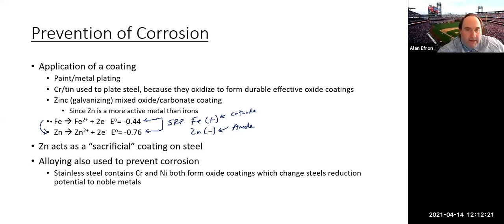Alloying is another way that we can prevent corrosion, by adding some other metals in there. We're able to change some of the SRP values for certain things to more noble metals. By the way, noble metals are like gold or silver or platinum.